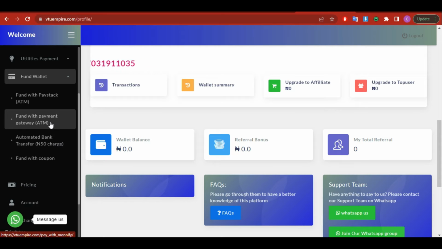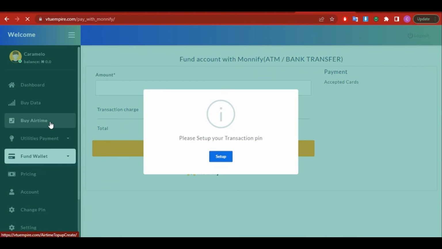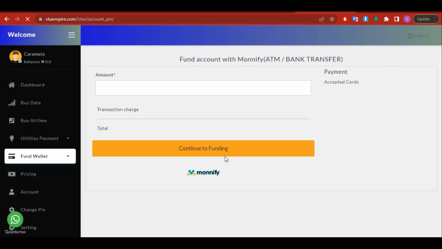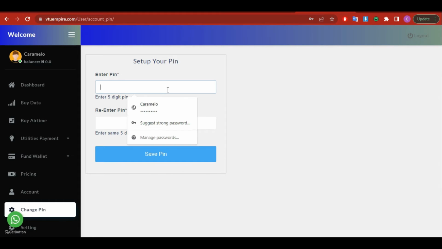So let's see what this one is. When you want to fund, they'll ask you to set up a pin. So I'm just going to set up my pin.